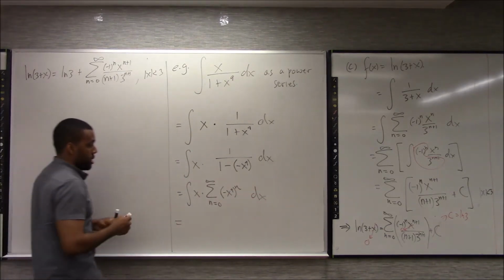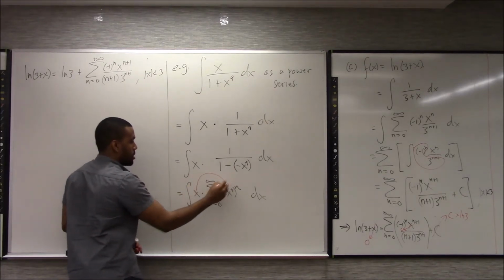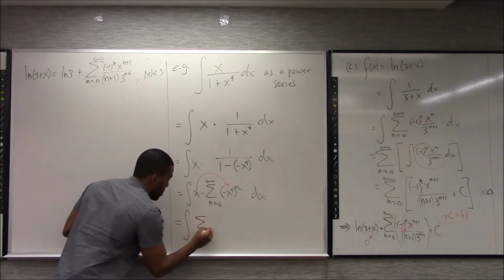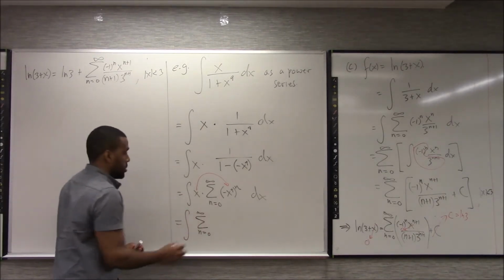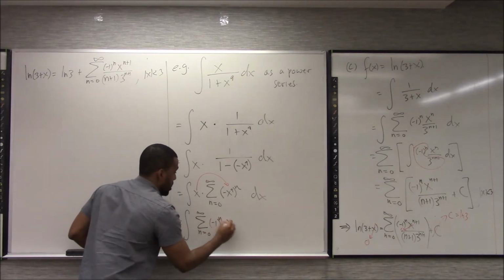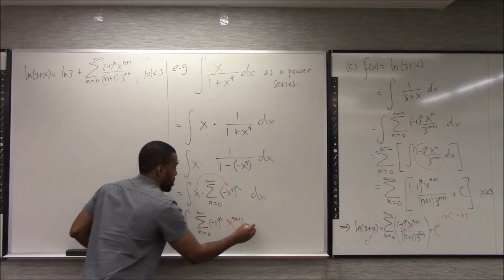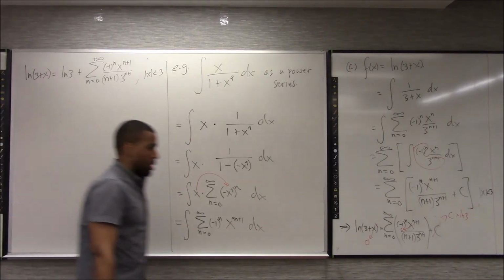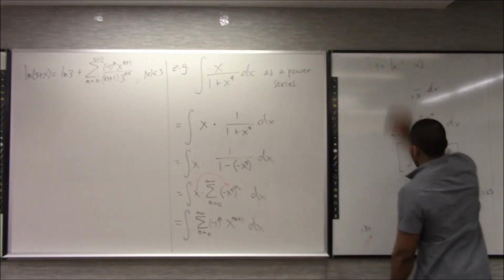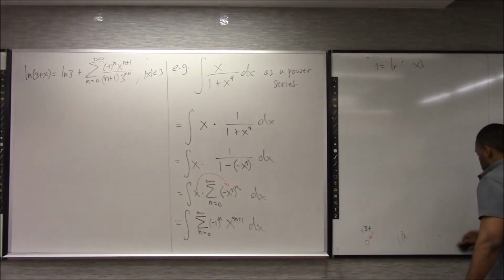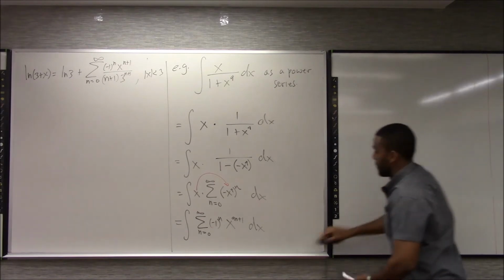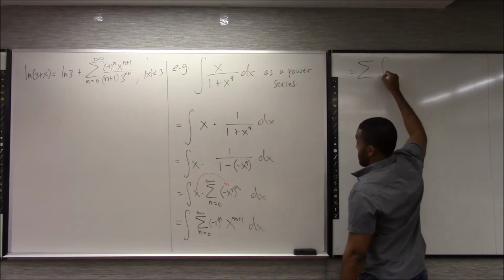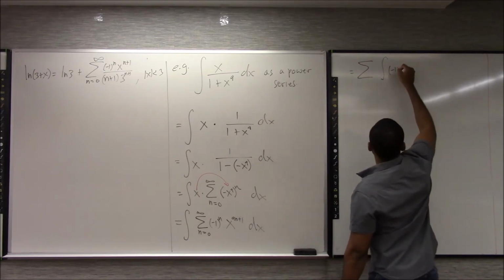Now this x I can multiply in, so I would have the integral of the sum of minus 1 to the n x to the 9n plus 1. And because that converges absolutely on the interval, we can swap the two.